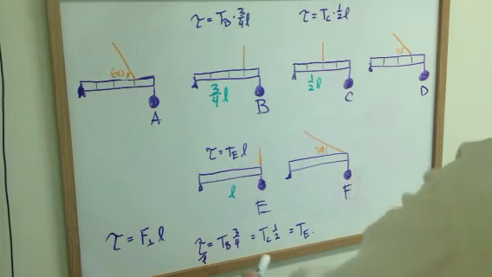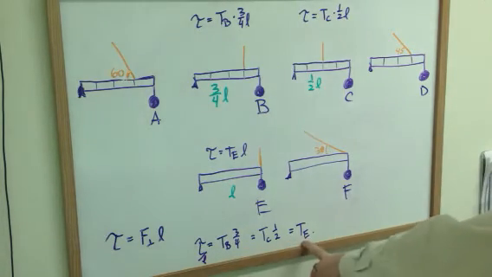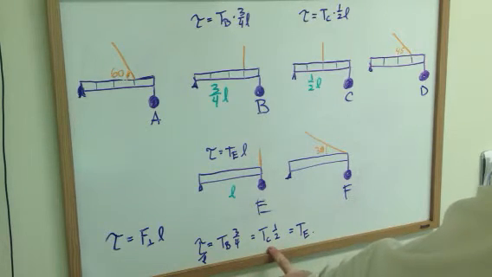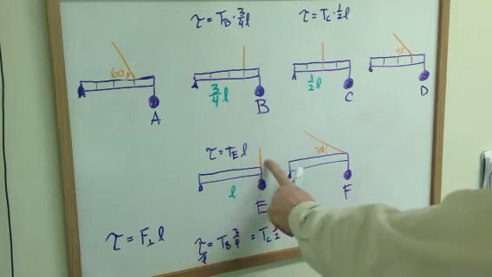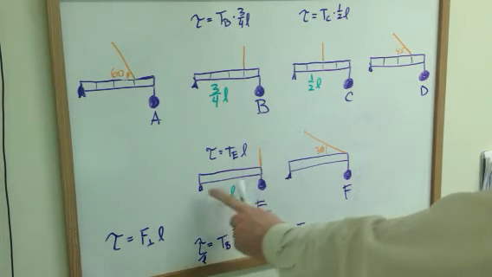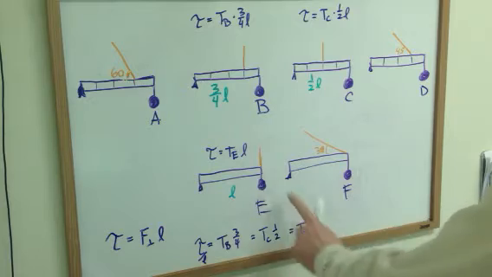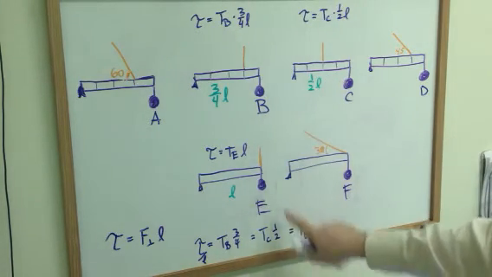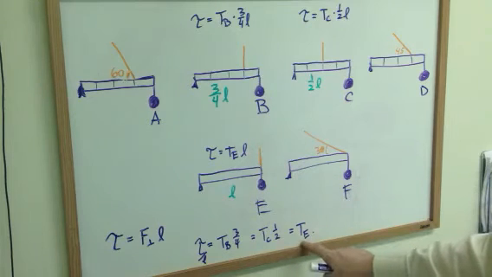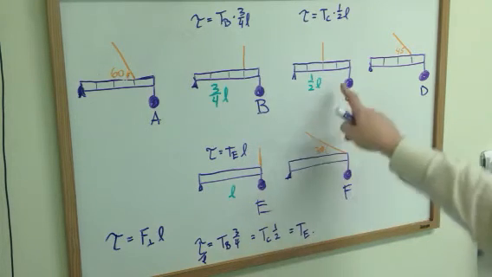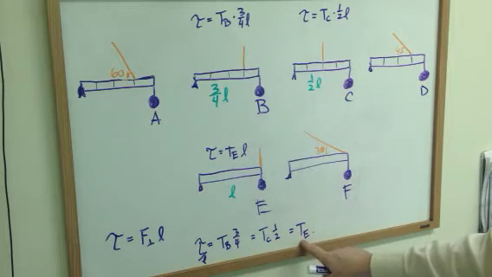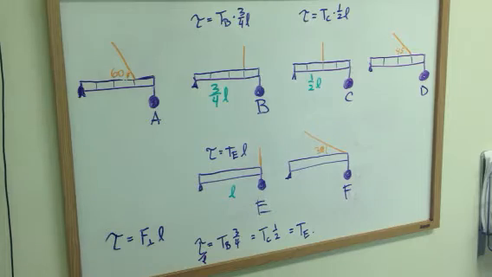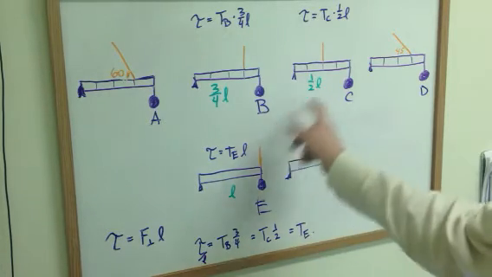So this tension E is equal to half of tension C. So it's much easier for a tension to hold up this sign and this weight when it's way out here than it is in here. So the E tension is only half as much as the C tension. And the E tension is only 3/4 as much as the B tension. So we can rank these three already.